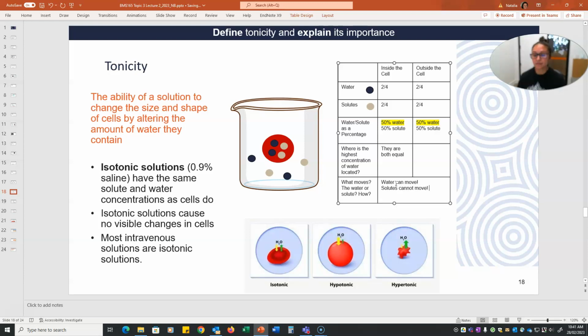So the only thing that can move is water, not solutes.